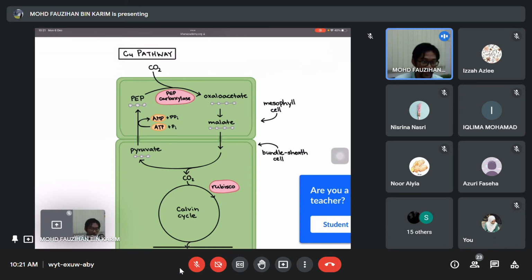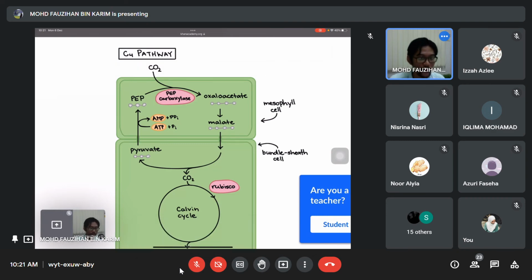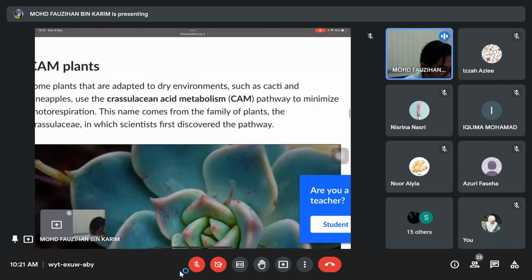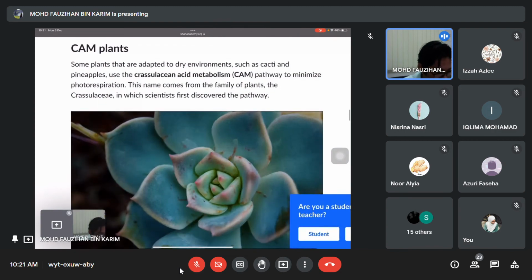So they grow on the high temperature area, right? Because the corn can survive with higher temperature and has more efficient photosynthesis without photorespiration, right? So for the low temperature, C3 is better. For the higher temperature, C4 is better. So, and the final is CAM, crassulacean acid metabolism.